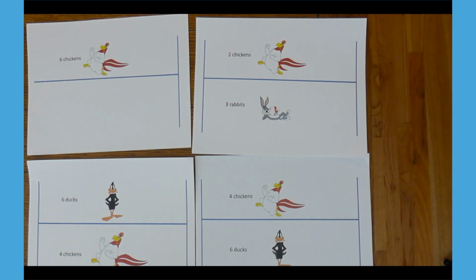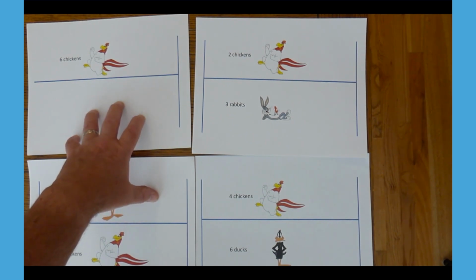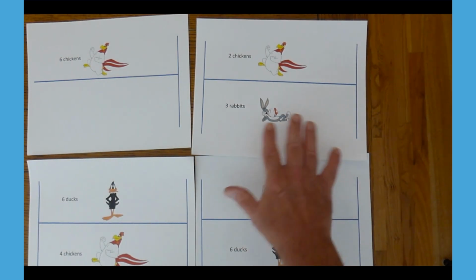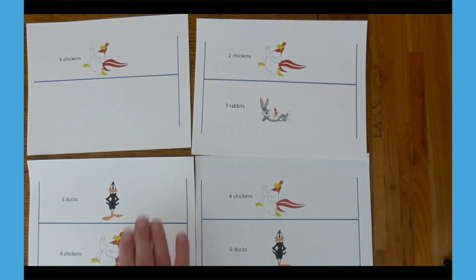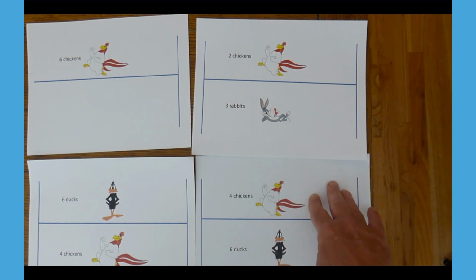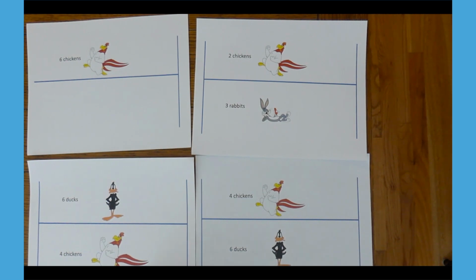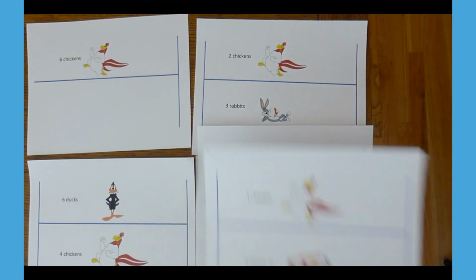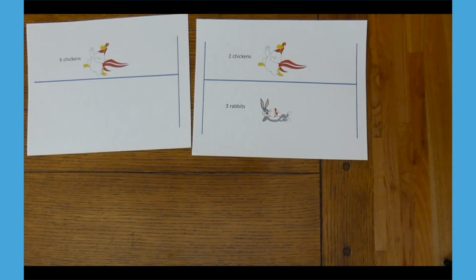So let's look at problem number 1. What I've laid out is, this is 6 chickens. This is chickens and rabbits, chickens and ducks, chickens and ducks. Notice, some of them have chickens on the top, some of them have chickens on the bottom, and there are a few others that also have chickens on them. So the kids really have to think about, how can I set up the problem so that I find the thing I'm looking for and I cancel out the one I don't want.